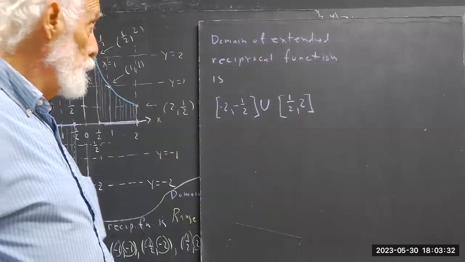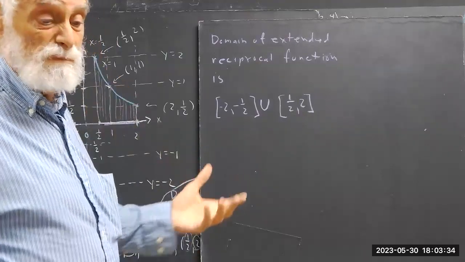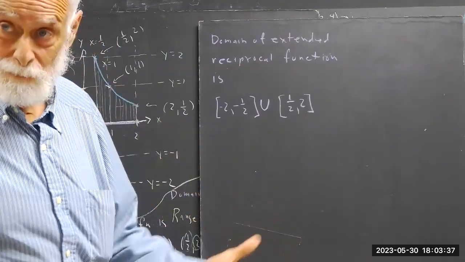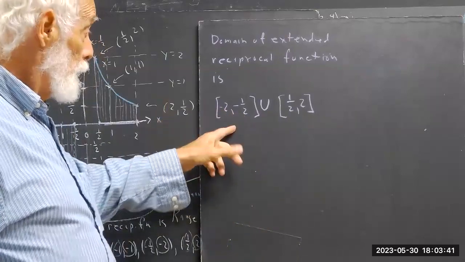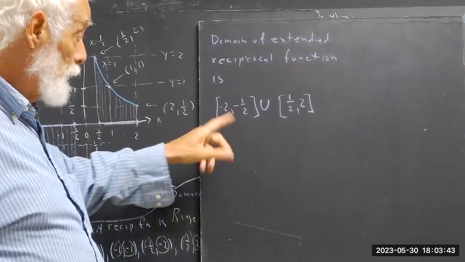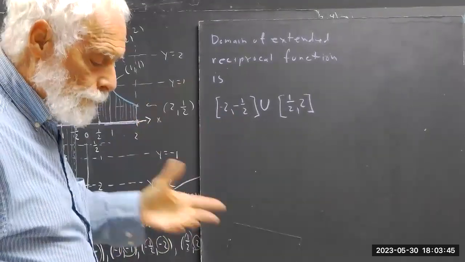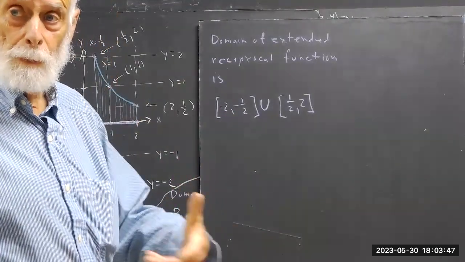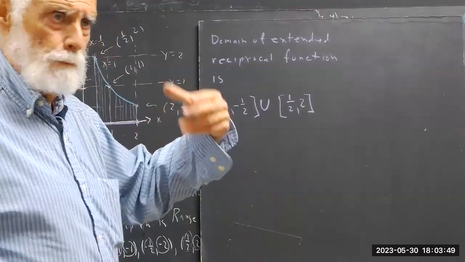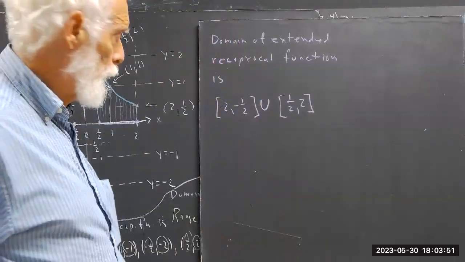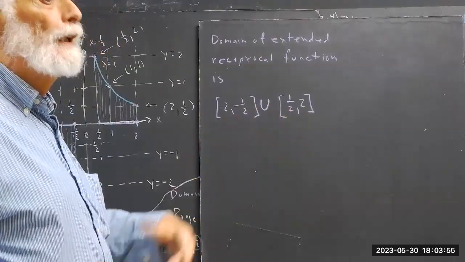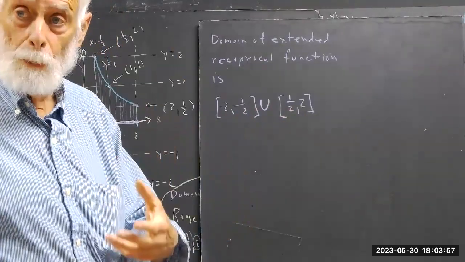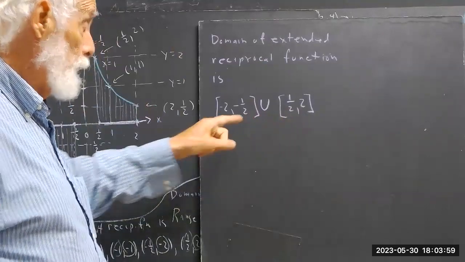If X is equal to -0.9, well, that's between -1/2 and -2. It's in this set. So there's two numbers, 1.2 and -0.9. One is in this set, one is in this set. Each is in the domain. It only has to be in one of these sets.